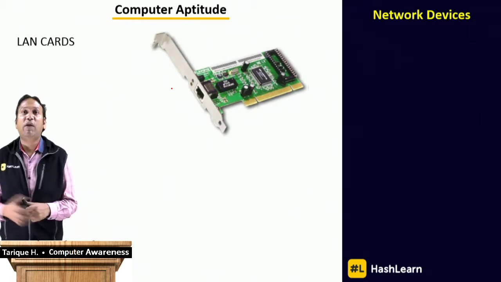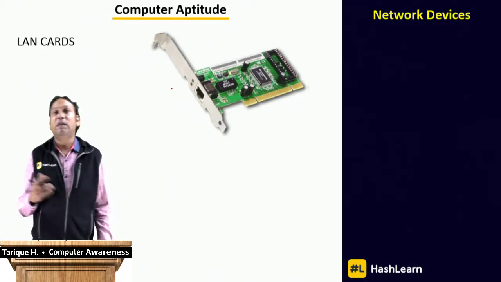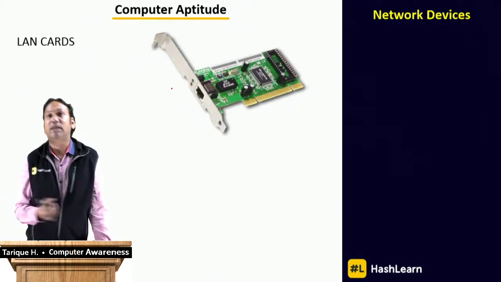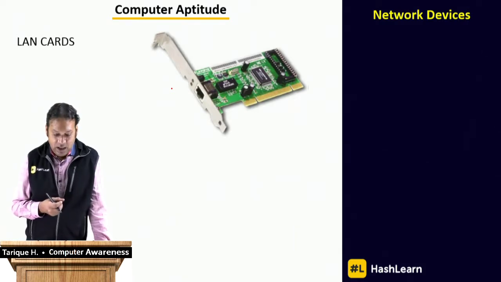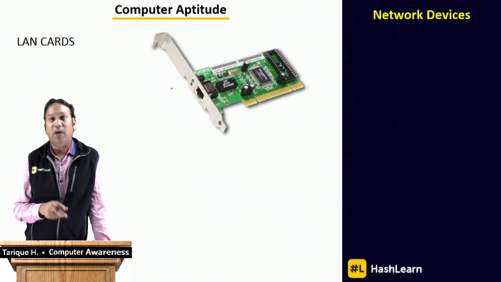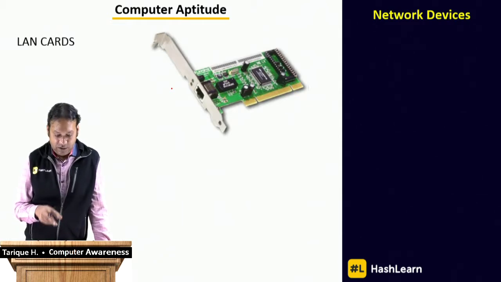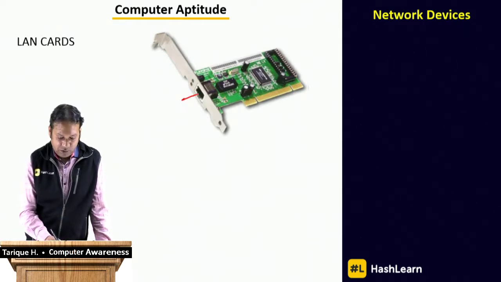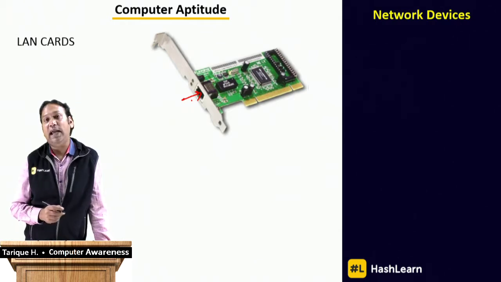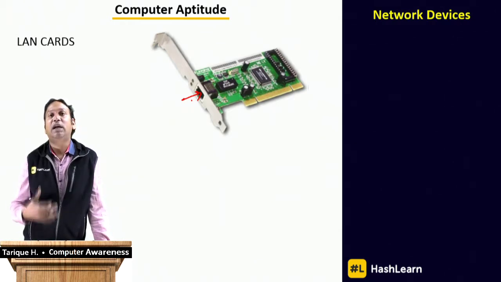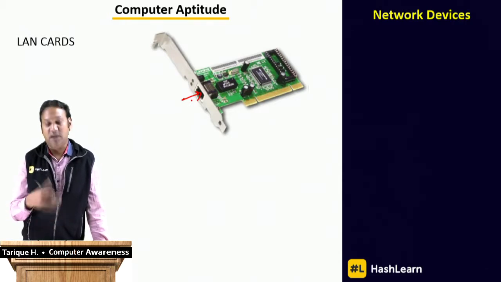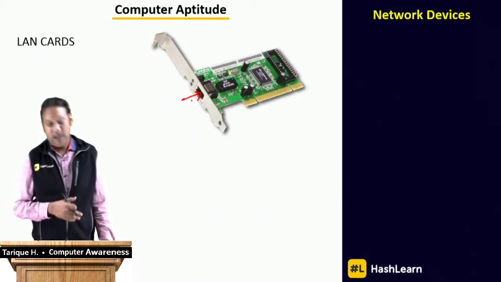Even your mobile phone will have a motherboard in which there will be a RAM, a storage device, and a computing device, that is a processing device. So we can connect this in a computer to the motherboard, and you can see this socket here. This is where the LAN cable goes into, and once we have this, we can start communicating with other devices which are connected using this particular LAN card.